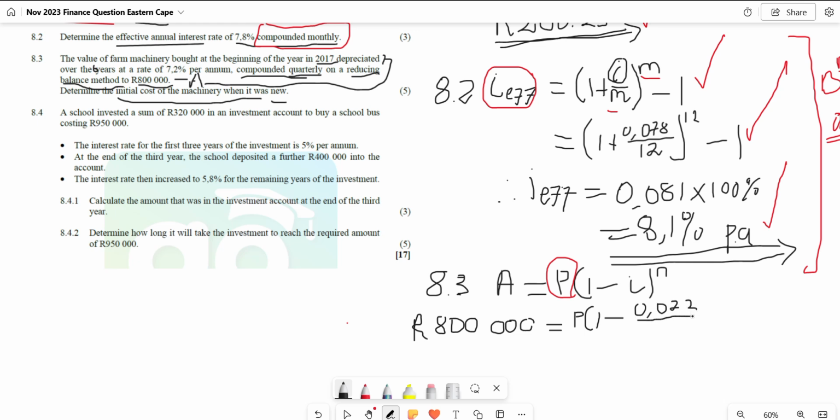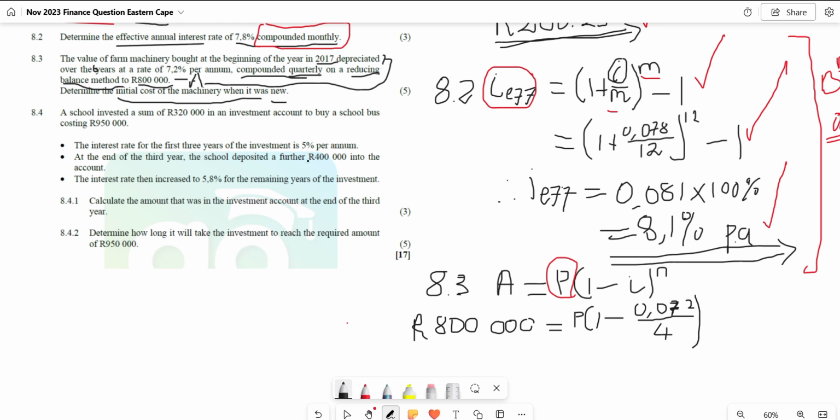Please, here it's 72, not 22. Then divide by the compounding period. Our compounding period is quarterly, 3 months. We divide by 4, the number of quarters in a year.